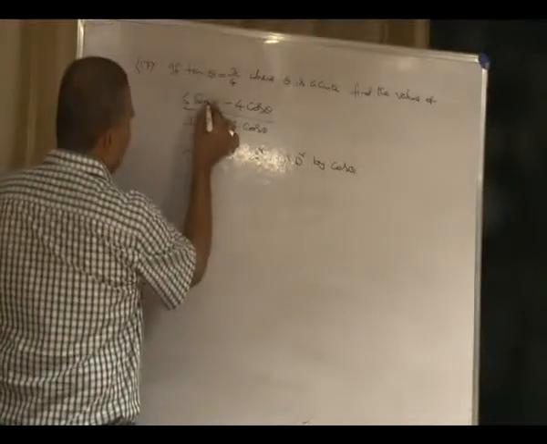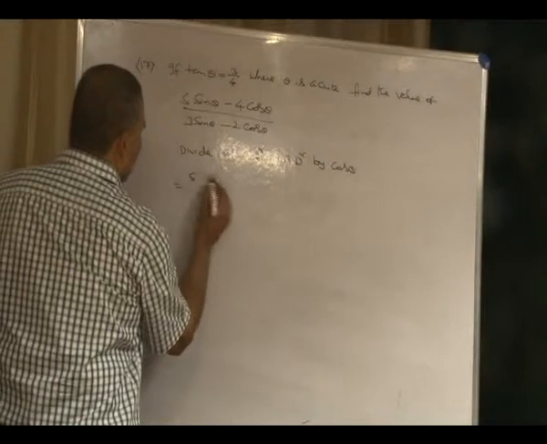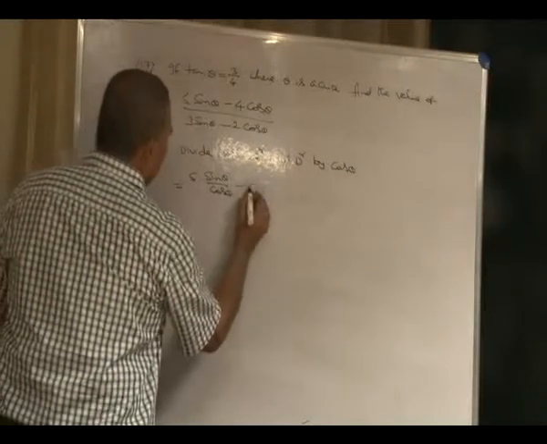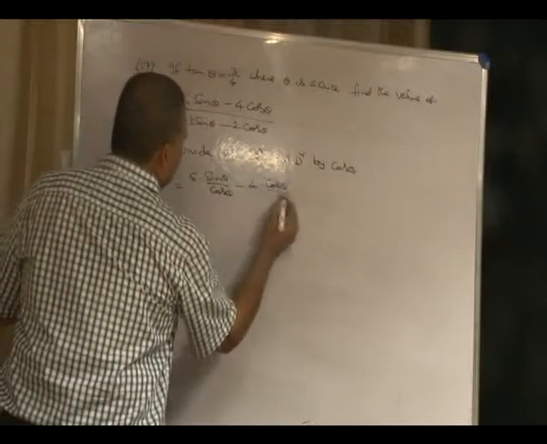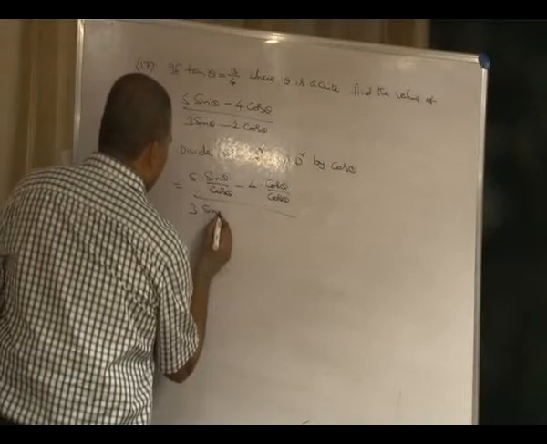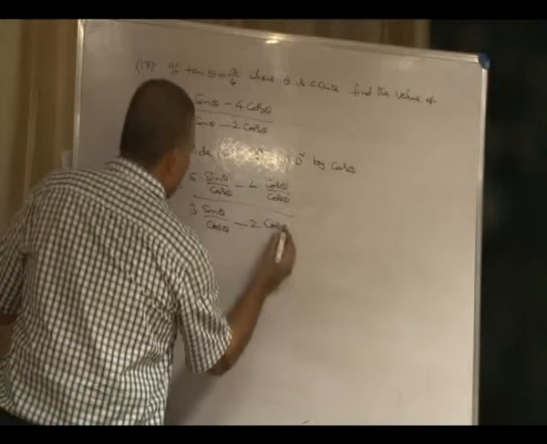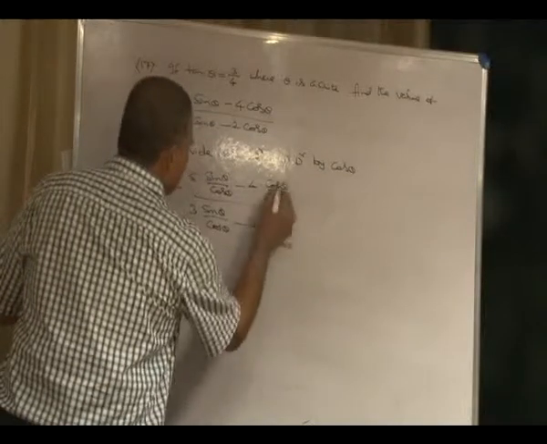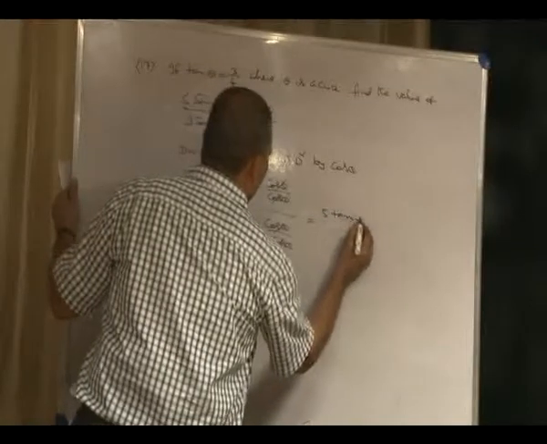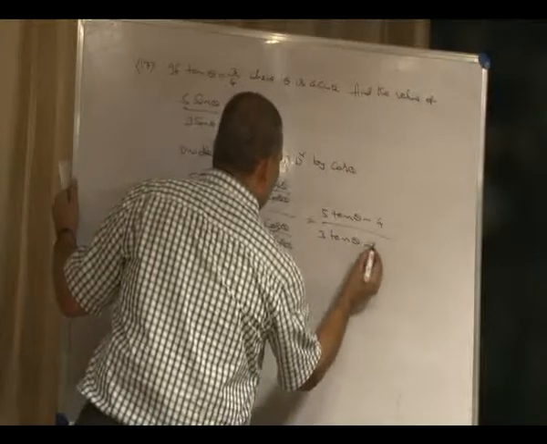That is 5 into sin theta by cos theta minus 4 into cos theta by cos theta, upon 3 into sin theta by cos theta minus 2 into cos theta by cos theta. Here the cos cancels, so that equals 5 tan theta minus 4 by 3 tan theta minus 2.